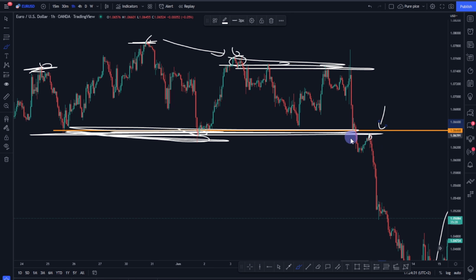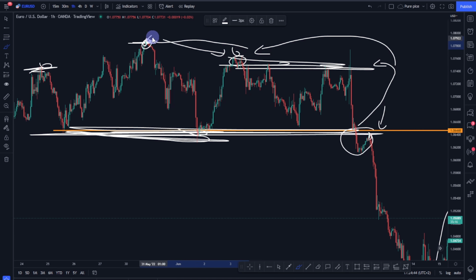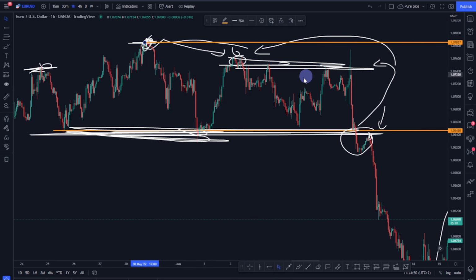Not just because you used a retest and the breakout to make your decision, but because you even observed how the highs became lower from that main high, that highest point. So the highs getting lower should convince you to wait for a confirmation. And in this case, the confirmation was this breakout and a retest here.